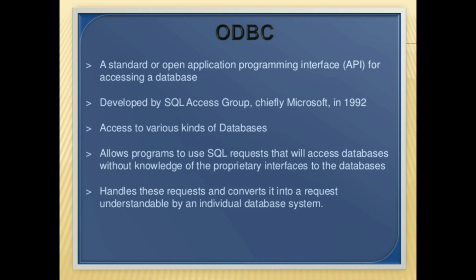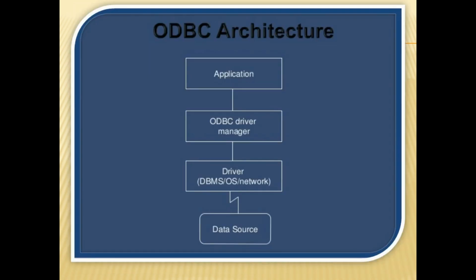Let's see the ODBC architecture and how it looks. First, there is an application, which you can write in any programming language, and in between there are drivers. The application has an ODBC driver manager, which manages the different types of drivers.